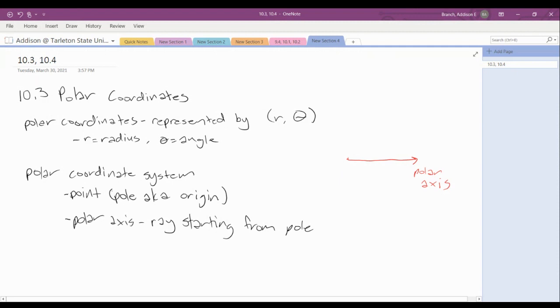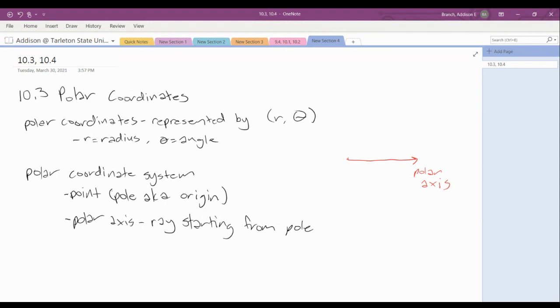Now, the polar coordinate system is a little bit different from some of the other ones we've talked about because, unlike Cartesian, where we have an x-axis and a y-axis, we only have the single polar axis in our polar coordinate system.